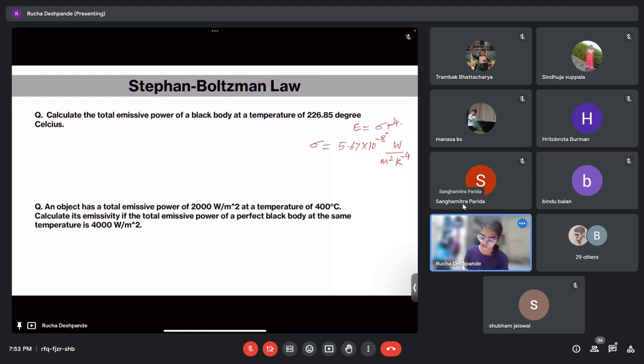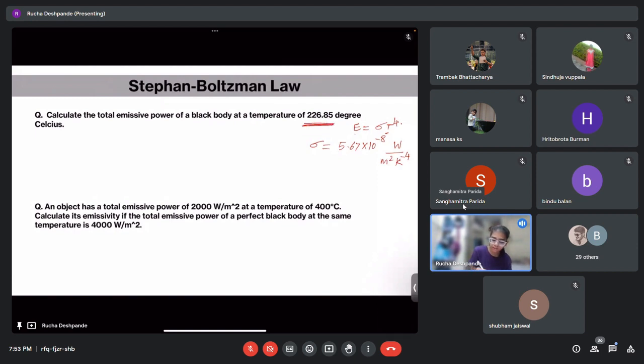So you are given T and you have to calculate E. First you have to convert this temperature from degree Celsius to Kelvin.